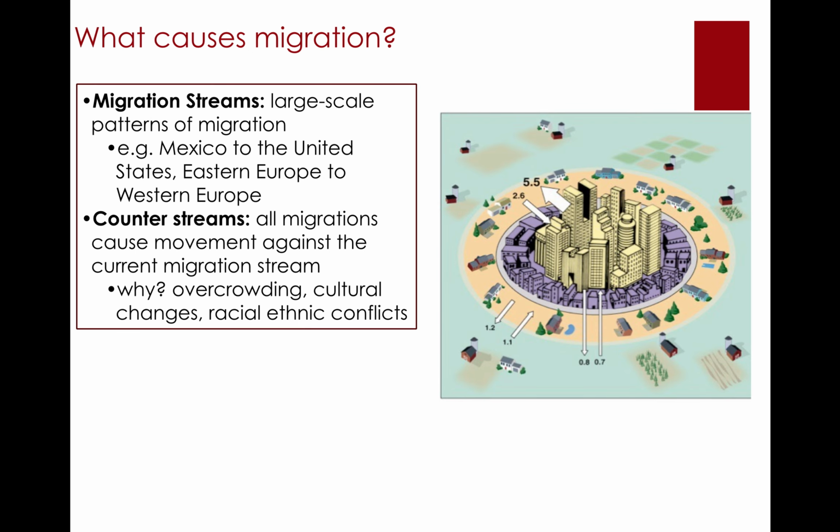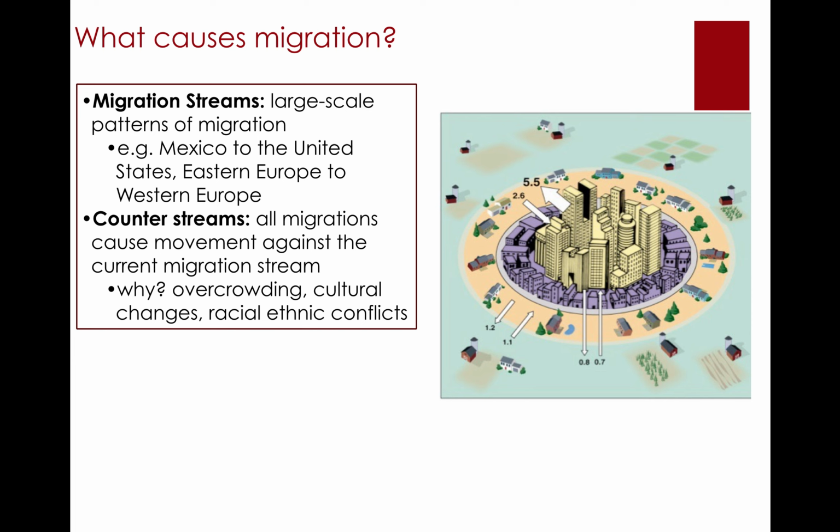Okay, so some other terms to describe this. When we're studying migration and what causes migration, we're looking at migration streams. We're looking at what causes large-scale patterns of migration. Everyone has individual decisions. The choice to leave a given place is an individual's choice. However, we can still look at the large-scale patterns of migration that we're going to call, rather than just calling it migration patterns, we're specifically going to call those migration streams.